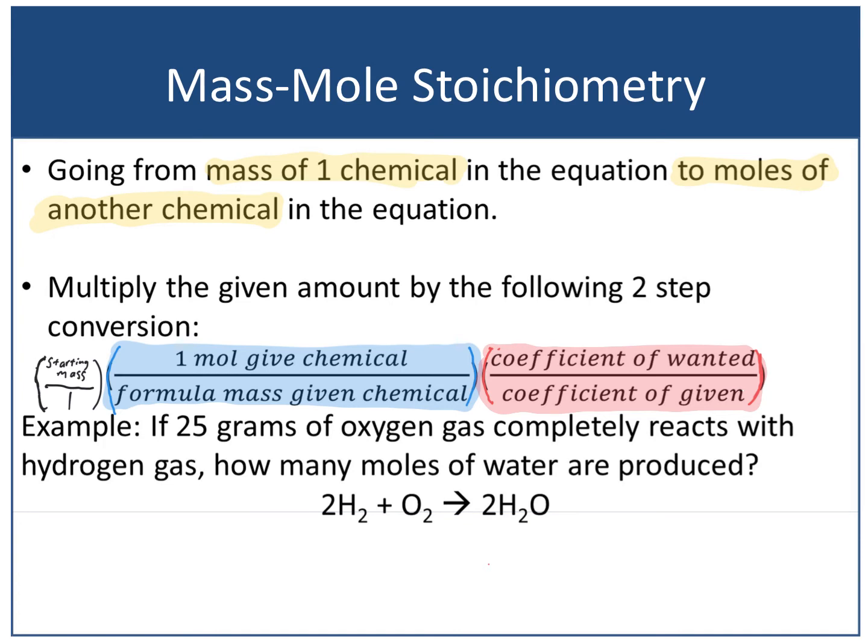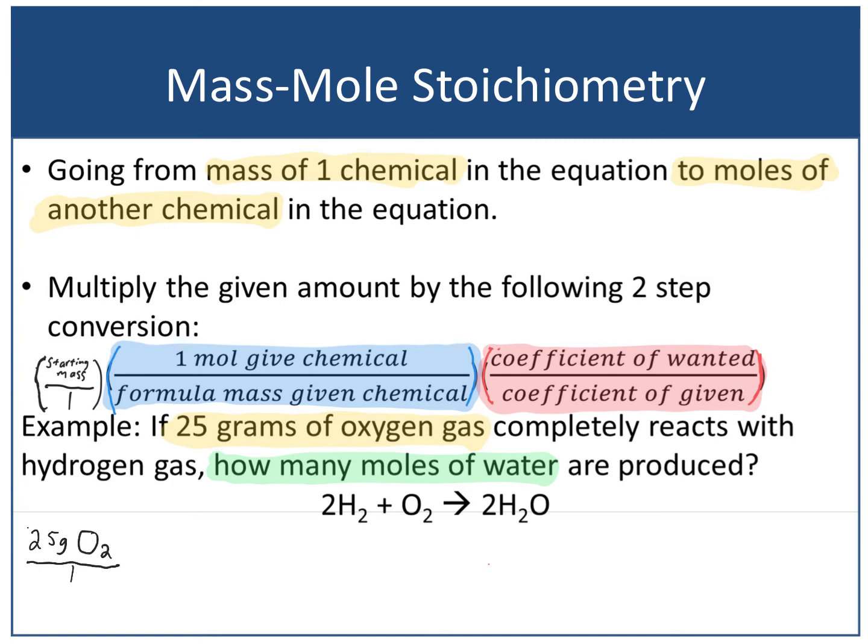All right, so in this example, we're given 25 grams of oxygen gas. It's going to react completely with hydrogen, and I want to know how many moles of water. I'm starting with 25 grams of oxygen gas, which is O2.